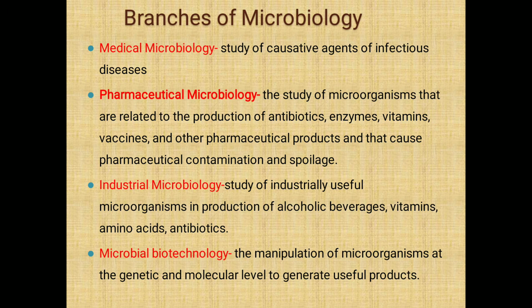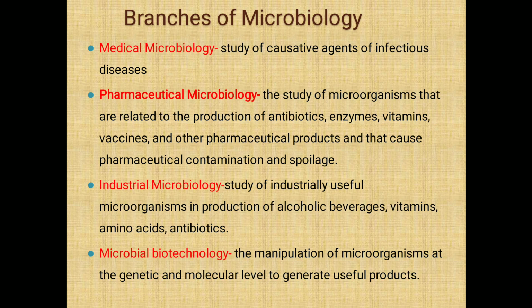Then industrial microbiology, which is the study of industrially useful microorganisms in the production of alcoholic beverages, vitamins, amino acids and antibiotics. Then microbial biotechnology, the manipulation of microorganisms at the genetic and molecular level to generate useful products.